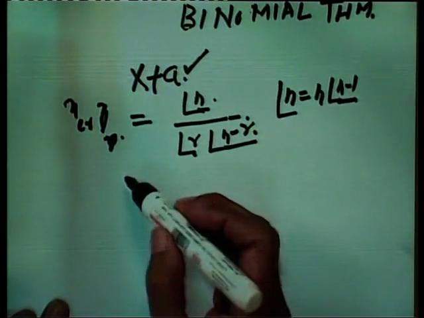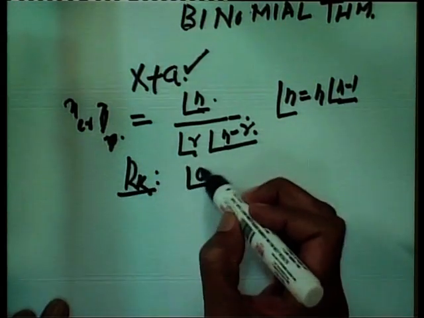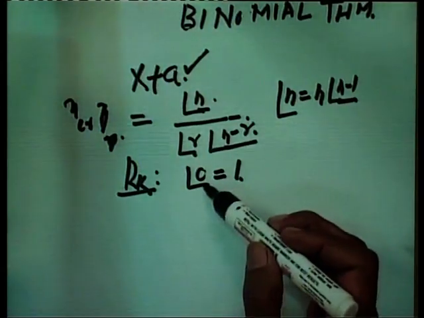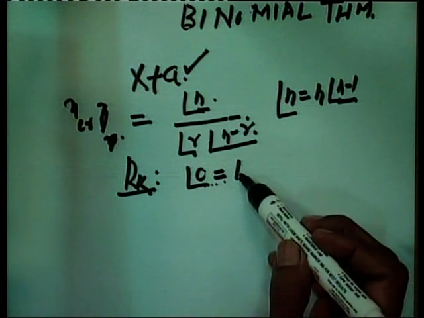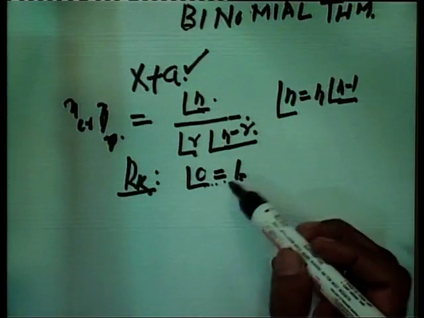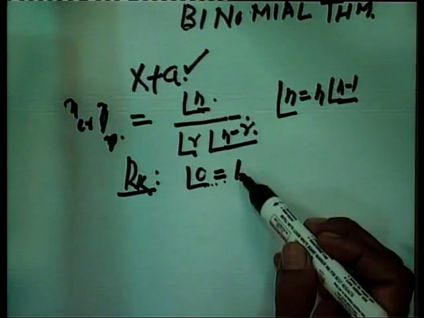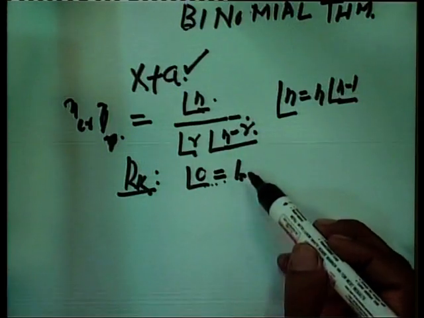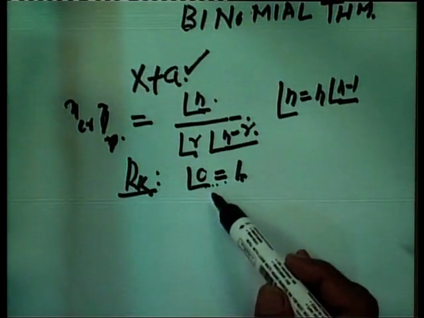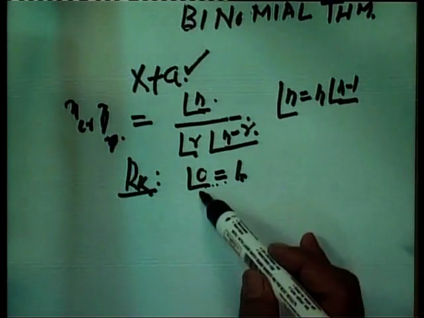Here one thing is very important: factorial 0 is equal to 1. Well, factorial 0 is equal to 1 is just a convention. There is no proof for this. You may have seen in certain books a proof, but that proof is not correct. So, factorial 0 is equal to 1 is just a convention of writing.